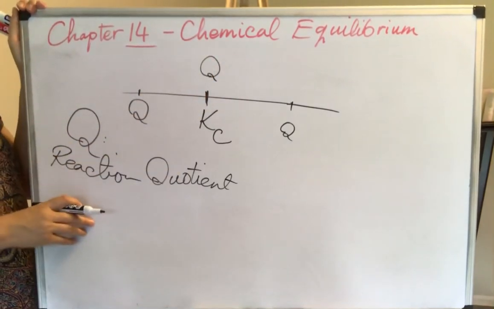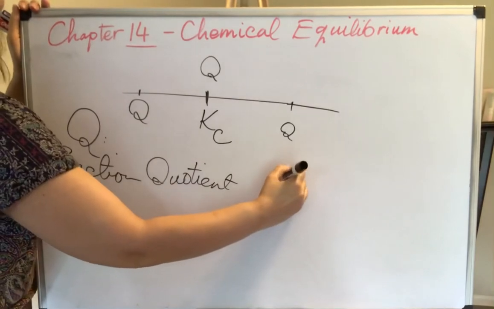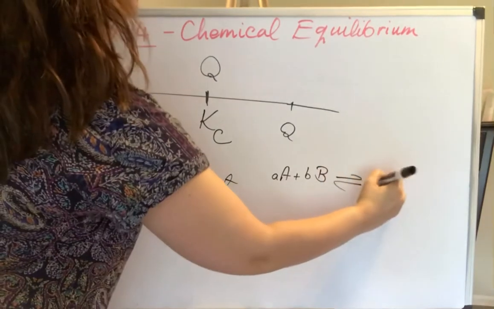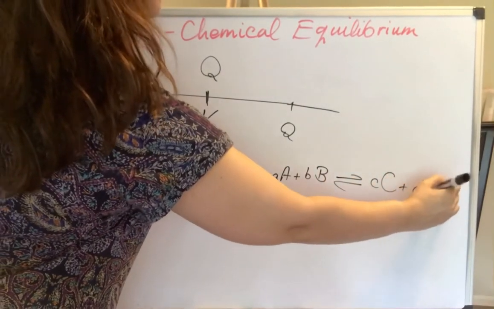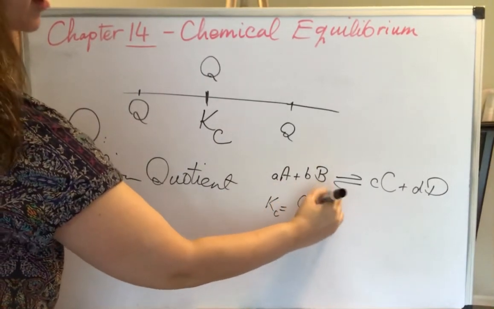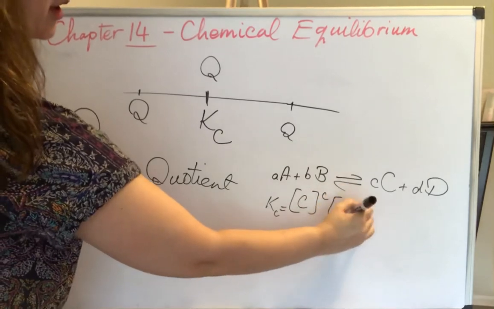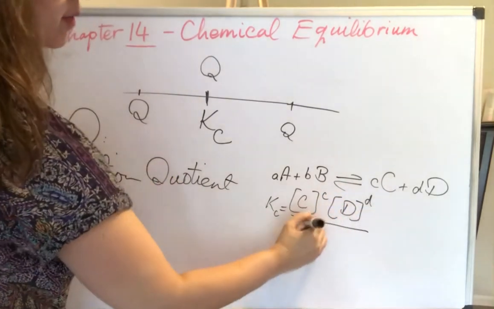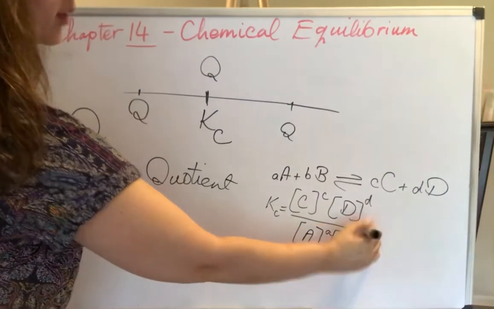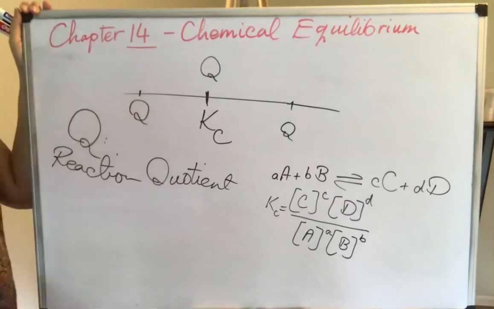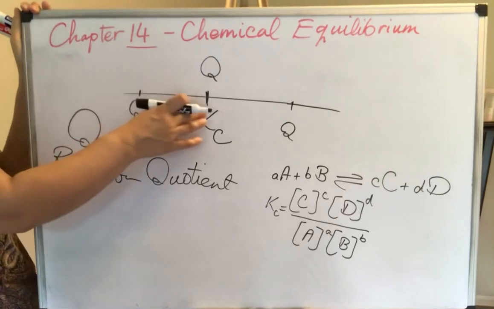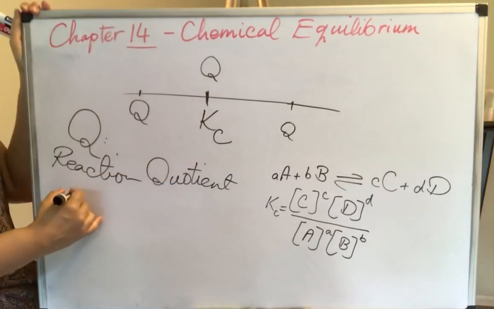So what does that mean? Again, we're working with a reaction in equilibrium form, and Kc is C times D divided by A. Now, let's say in a question you have determined Q and you are given the value of Kc.